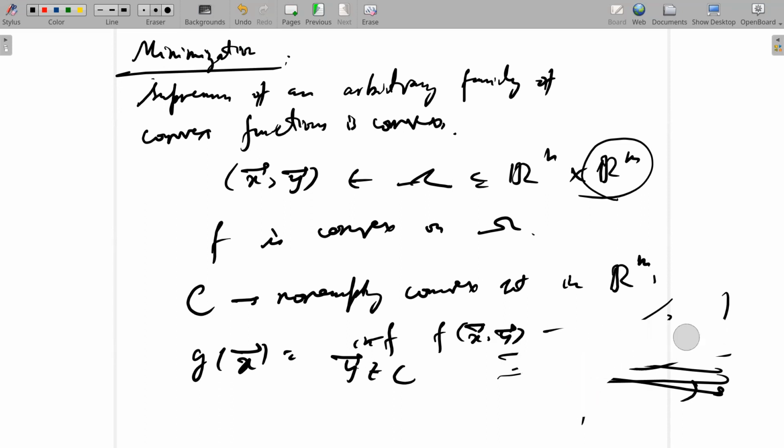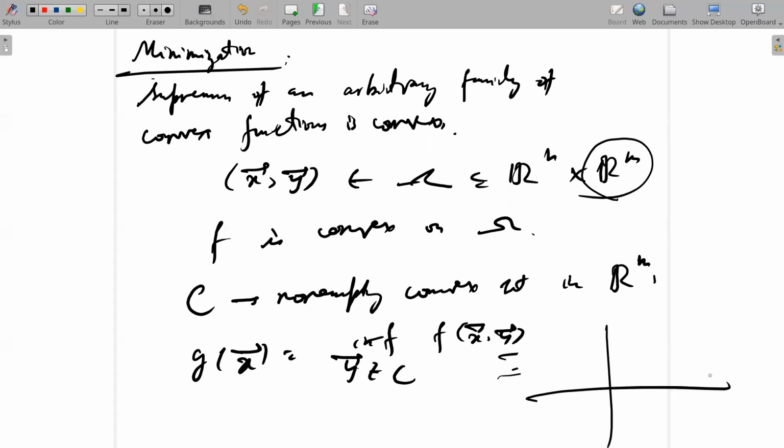Here's this picture. So this is your domain, some convex set in here, or you can think of the whole of R^(n+m). Here C is a non-empty convex set in R, with m equals n equals 1 in this case. So essentially you're choosing some interval here, and then taking y in this interval.